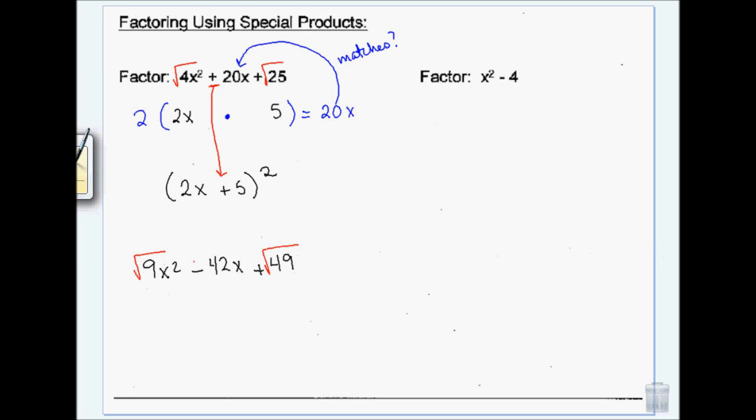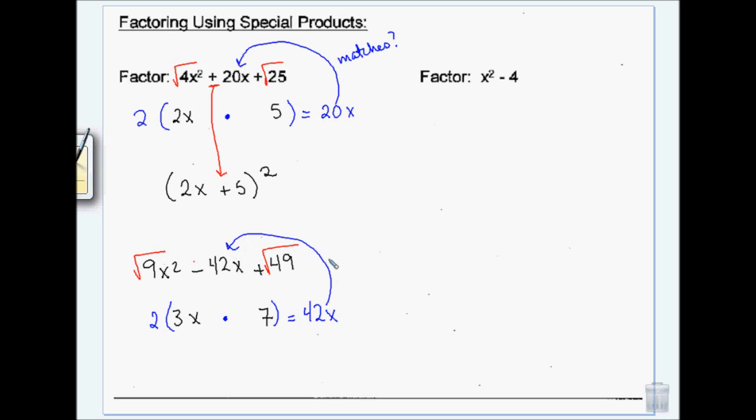I'm going to take the square root of each of these. So I get 3x and I get 7. And then I'm going to multiply those together and multiply it by 2. 3 times 7 is 21, times 2 is 42.